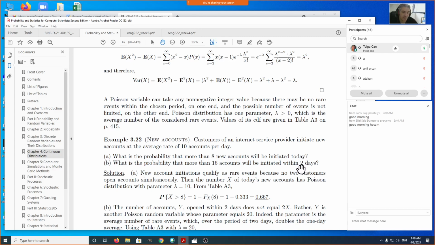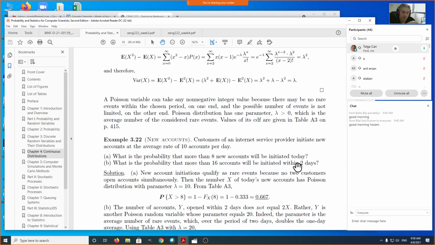It's not independent in that sense. For example, if you observe 5 accounts in the first day, then you have to observe 11 accounts in the other day. You cannot just sum those probabilities, because there are many possibilities that you can arrive at that 16.